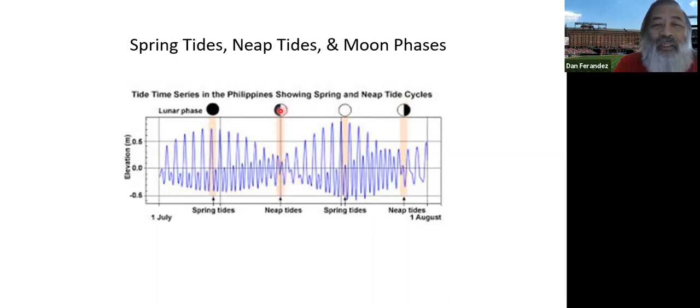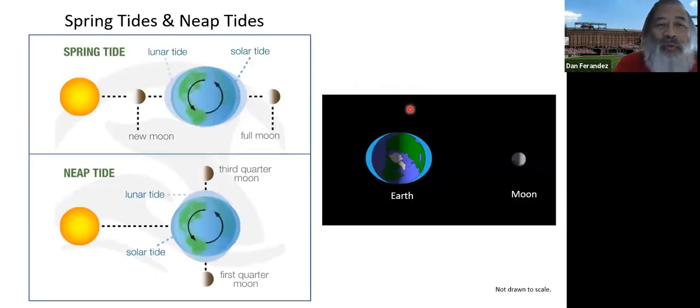It's interesting that here's the new moon phase. This is the full moon phase. This is the first quarter, and this is the third quarter. Sometimes when you think of quarter moons, you get the idea that if it's a quarter, it must look like a crescent. In actuality, quarter moons look like half moons.